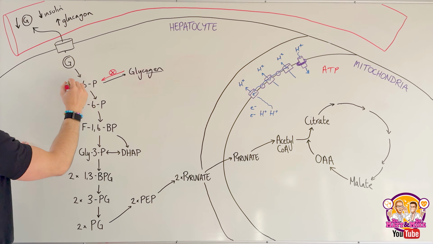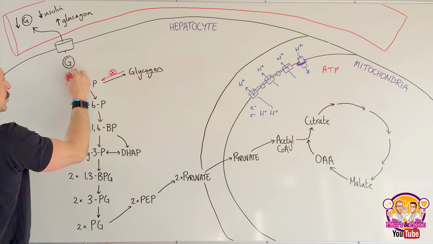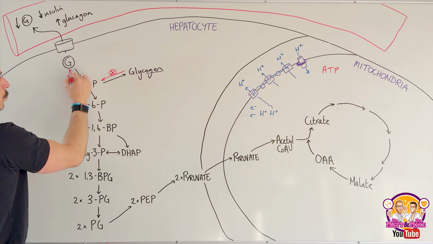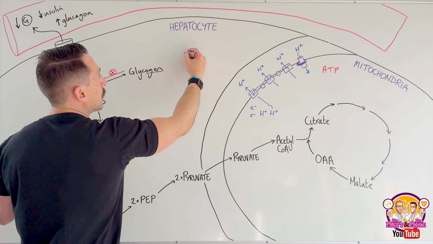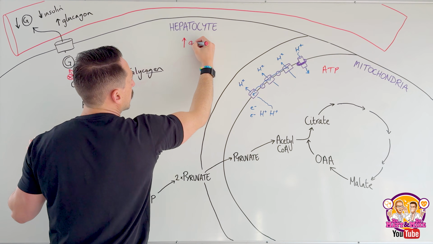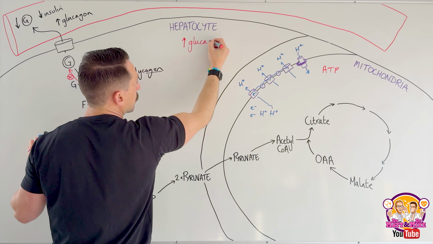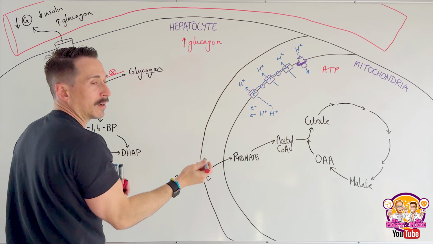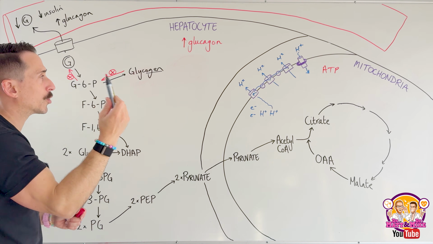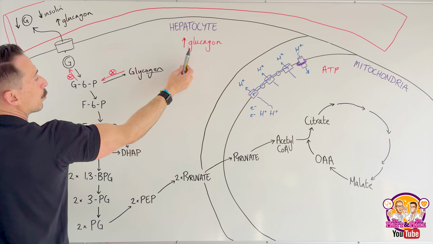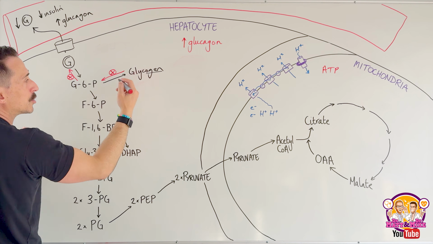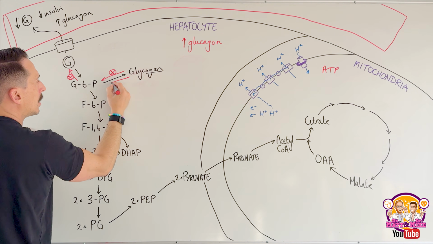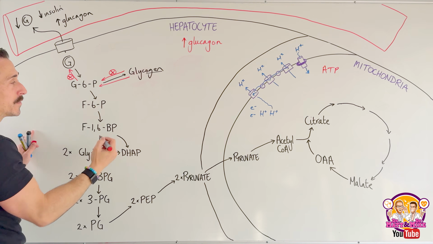And glucose 6-phosphate cannot just turn back into glucose under normal resting conditions. It's irreversible. But here's the thing. When you've got high levels of glucagon, so now everything I'm drawing in red is going to be stimulated by glucagon. Right? But when you've got high levels of glucagon, it allows for the enzymes to be produced that turn glycogen into glucose 6-phosphate.